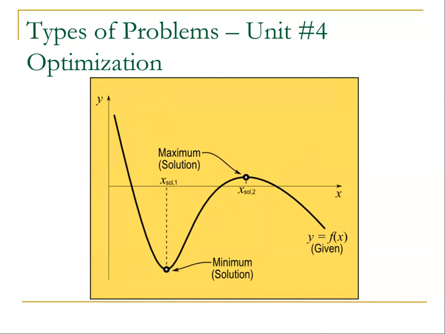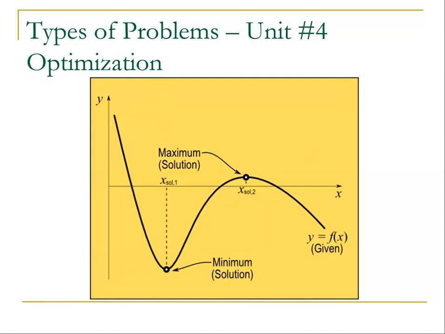Maximize profits or minimize losses or minimize costs or such. So again, there are strategies for solving the problem of optimization. Now, of course, optimization can be a linear issue or it can be a non-linear type of relationship.